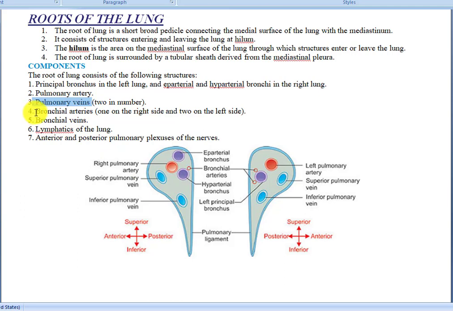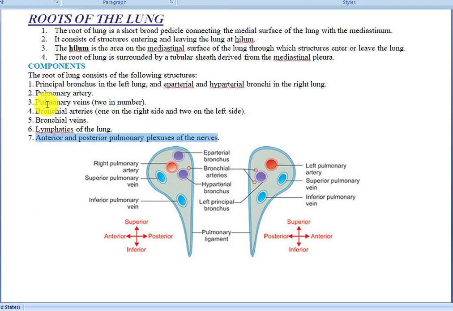Then bronchial arteries, those branches which supply blood to the lungs, right? Bronchial arteries, one on the right side and two on the left side. Bronchial veins, which drain deoxygenated blood from the mass of the lungs. Lymphatics of the lungs. Anterior and posterior pulmonary plexuses of the nerves, right friends?